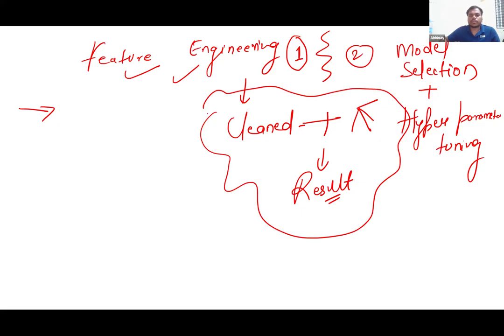So this is the overall scenario of how machine learning techniques happen. All kinds of algorithms run in the same way. We'll start today's lecture with a very simple machine learning algorithm, that is linear regression.